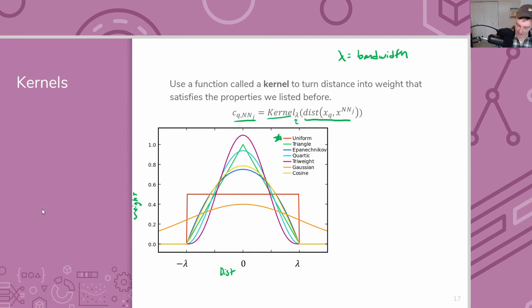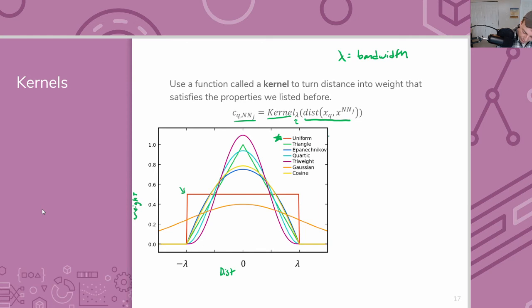So here on the x-axis, we have between negative lambda and lambda. The uniform kernel, shown in orange here, just assigns the same weight to all of the things inside of it. You can imagine that with the uniform kernel, you're really just doing unweighted k nearest neighbor.